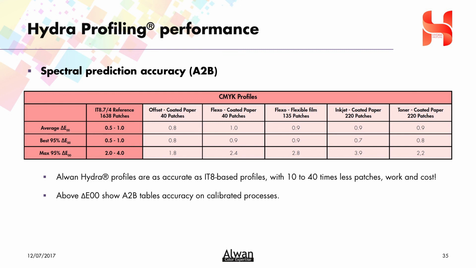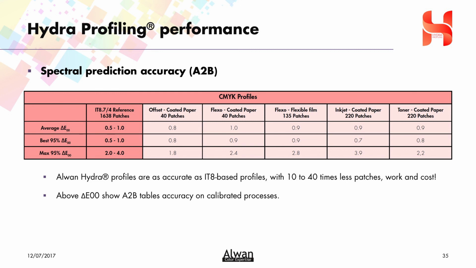However, what is the accuracy of a profile which is built with 4 ramps of CMYK? This is the question that we should ask ourselves when a technical paper or a vendor is trying to demonstrate that 4 ramps, if we wanted to be pedantic, we would say 4 CXF files, is enough to create an ICC profile. Yes, but how accurate is this profile? Here you have the accuracy of the Alwan profile, demonstrated by our color scientists, 0 bias.